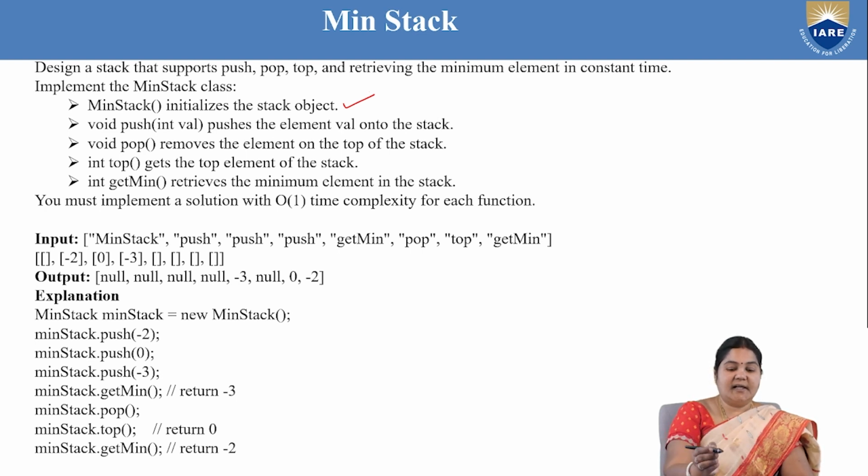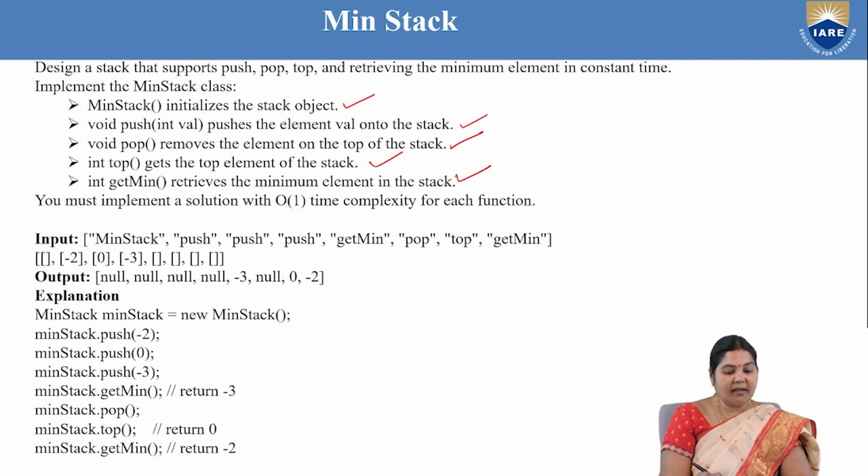Then the second operation that you have to write is called the push method, where you can push an element or value onto the stack. Then you have the pop method, which will remove the top element from the stack. Then you have the top method, which will display the topmost element in the stack. And similarly, you have a getMin method, which always retrieves the minimum element in the stack.